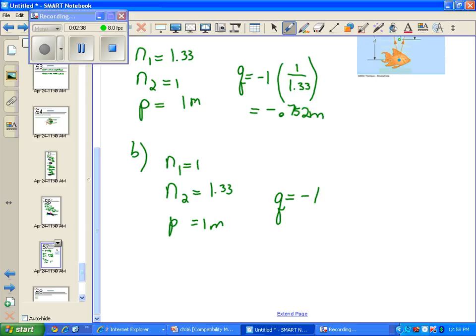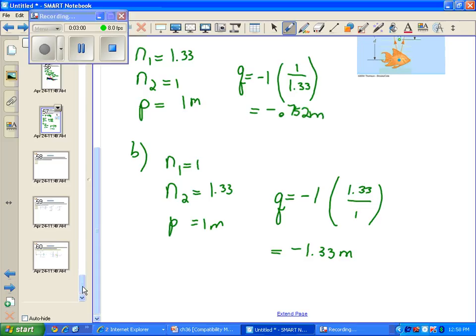So here again, -1, but this time n2 is 1.33, and n1 is equal to 1. And so to the fish, the child appears to be 1.33 meters from the surface of the water. In other words, actually further than the child actually is.